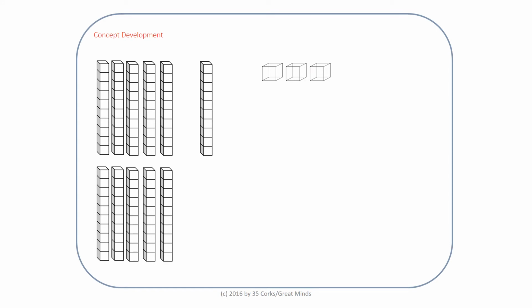What did you notice? Our 10s stayed the same, right? So we still have 11 10s. And now I see we have 1, 2, 3 1s. So 11 10s and 3 1s. If we just did 11 10s, 1 1, what do you think 11 10s and 3 1s is?